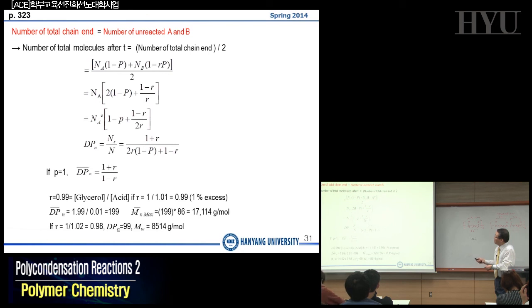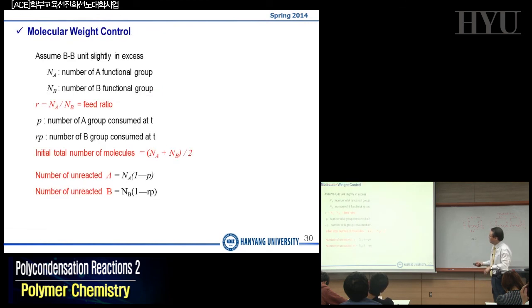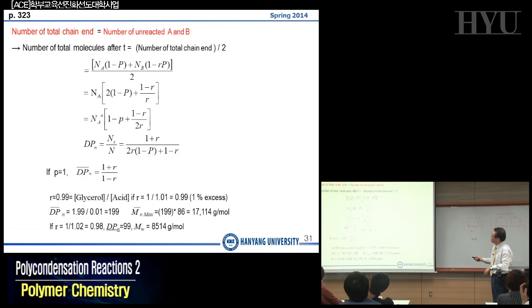Because we know that the relationship between Na and Nb is R, the feed ratio, if you put the feed ratio here and rearrange, you come up with this equation.